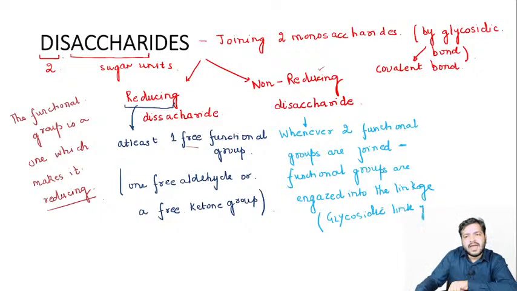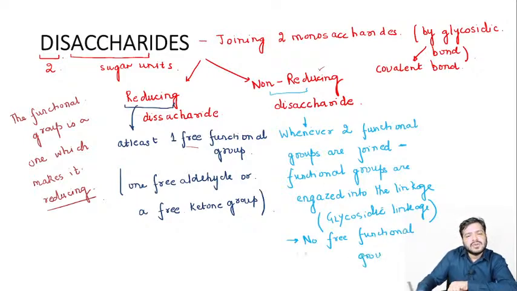Whenever it is a non-reducing disaccharide, we cannot reduce the disaccharide further. It simply indicates that there is no free functional group.